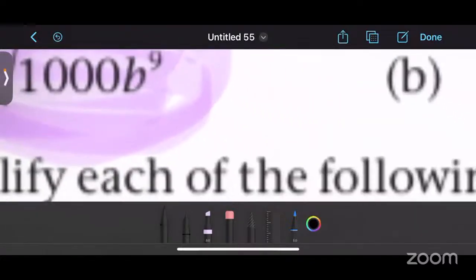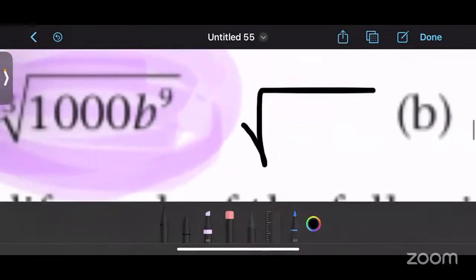Ma'am, is it 1000b to the power 9 cube? Um, so when we have this sign, no, it's not, Ole.